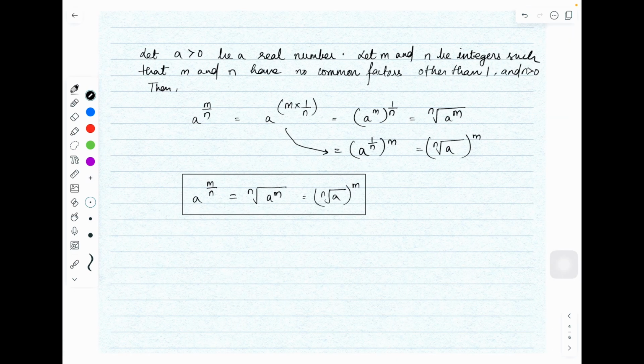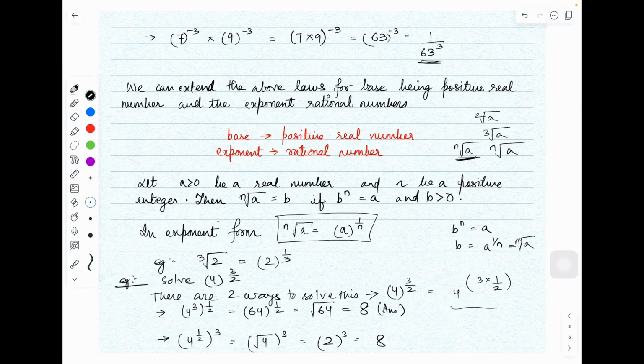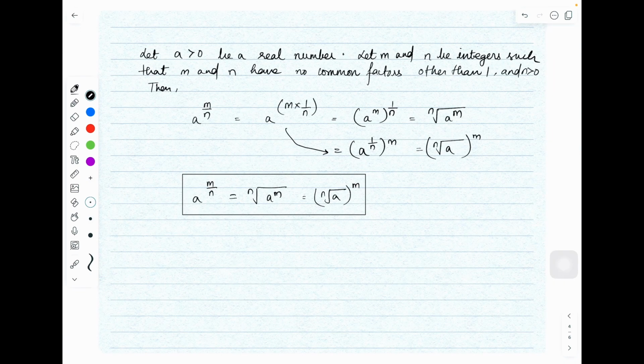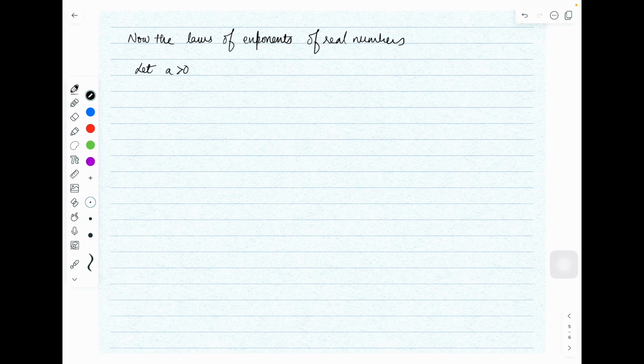Now we will extend those laws to the exponents of real numbers. Here the exponent was only a positive integer, then only integers. Now we are extending it to rational numbers.